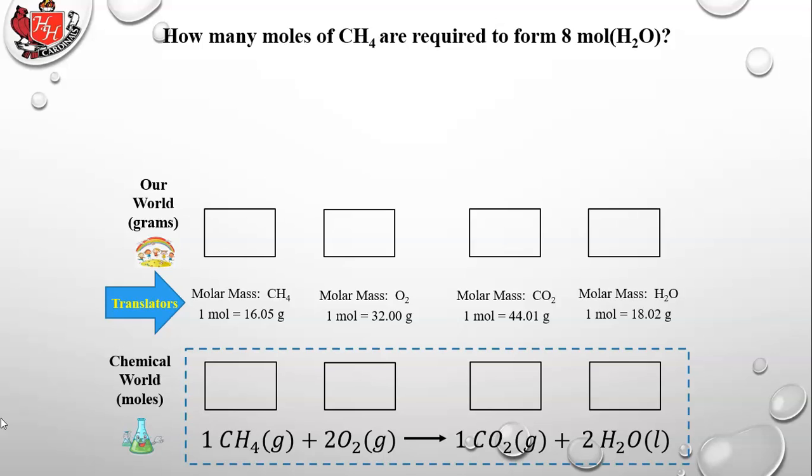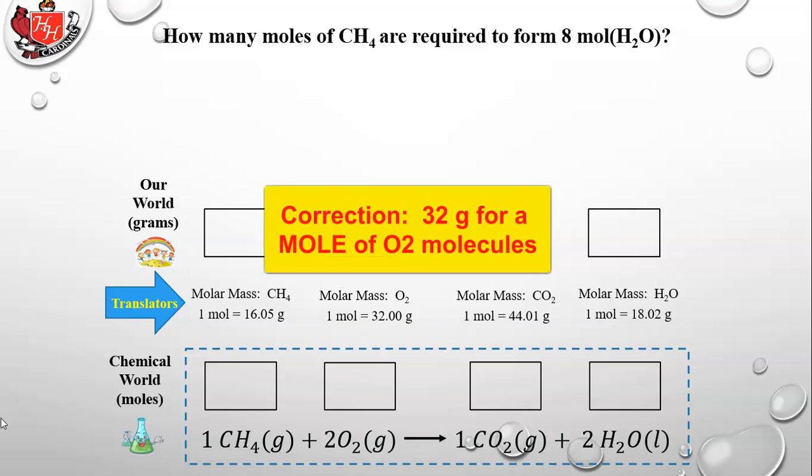And that would be, for CH4, 1 mole equals 16.05. How do we get that? Well, carbon is 12.01, and 4 hydrogens are 1.01 times 4. That adds up to 16.05. For oxygen, an atom of oxygen is 16 grams, but oxygen always travels in molecules like that, not just in single atoms. So 2 times 16 is 32 grams for an O2 molecule.